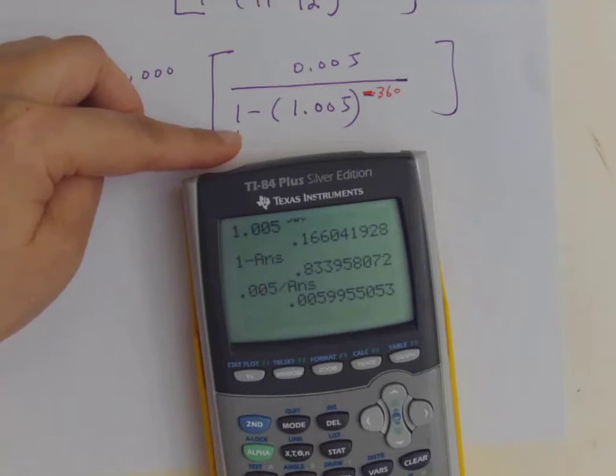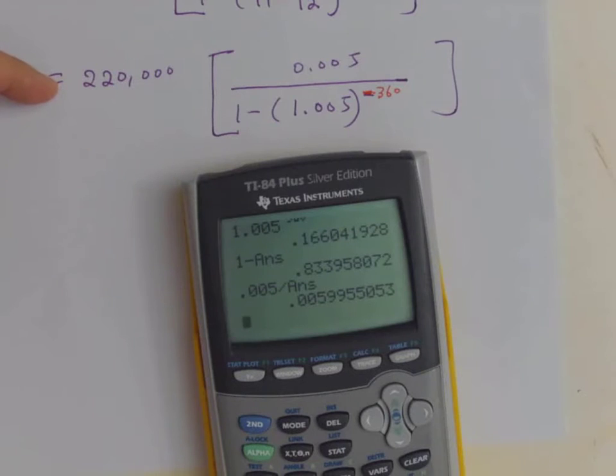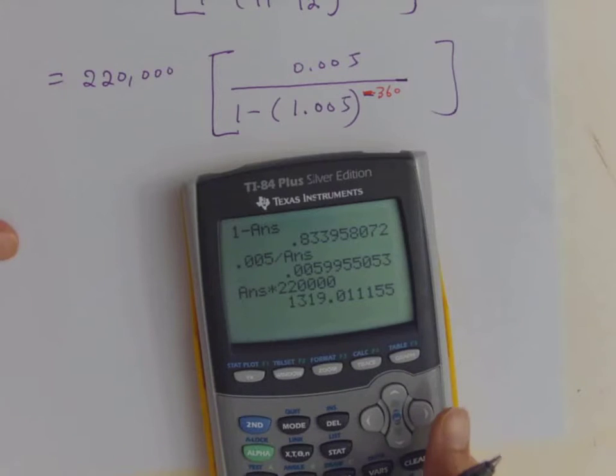That's the number I need to multiply by 220,000. So my monthly payment should be $1,319.01. Let's write that down.